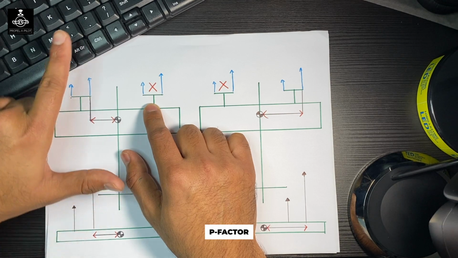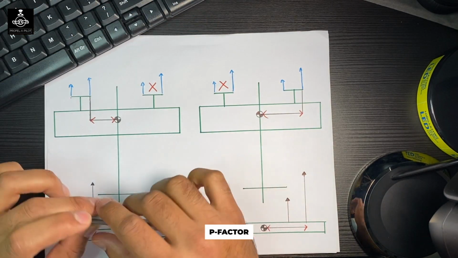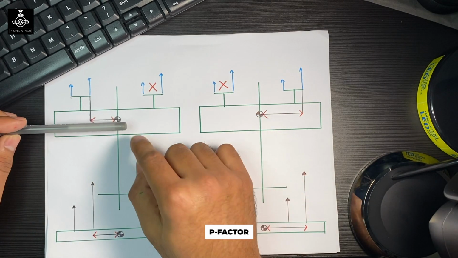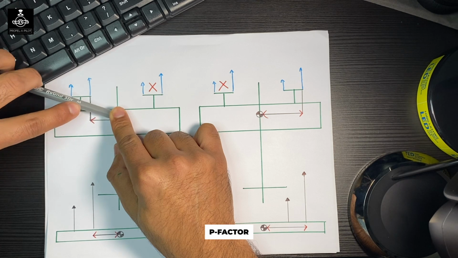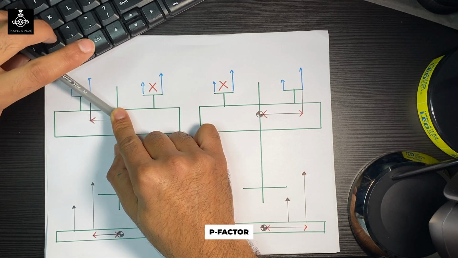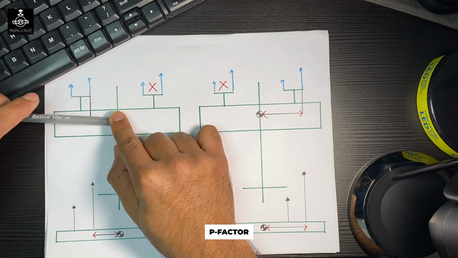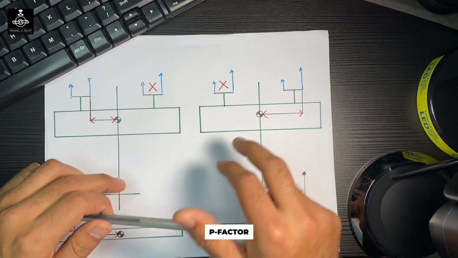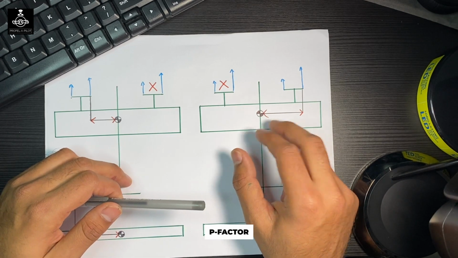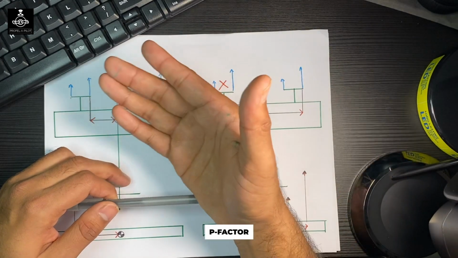And where will it make us rotate? To the right. Always remember, whenever you get confused, hold a pen on the CG and then push on the side of the force, and you will see where the aircraft is going to yaw. So it is going to yaw to the right. What happens on the left engine failure is a yaw to the left.